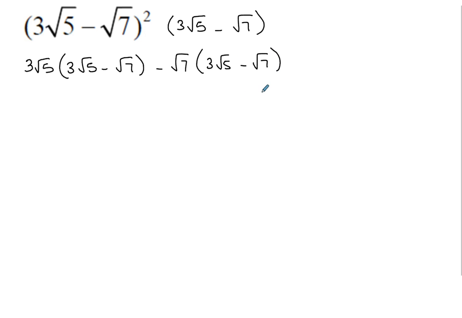Once it's in that form, can you see it's much more soothing than trying to do some kind of FOIL method? So 3 times 3 is 9, and then surd 5 times surd 5 is 5, so 9 times 5 is 45.